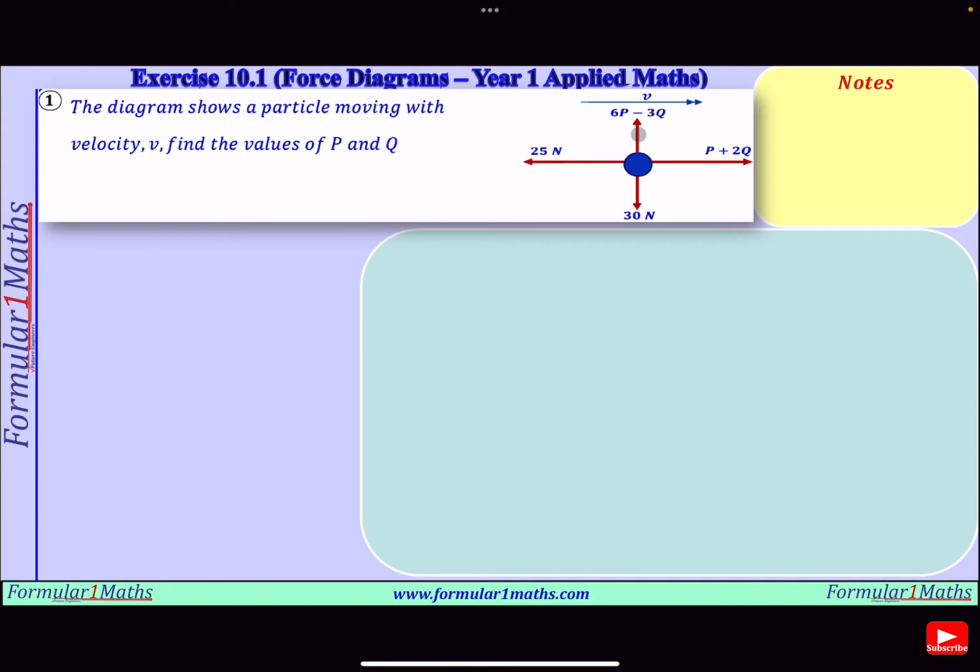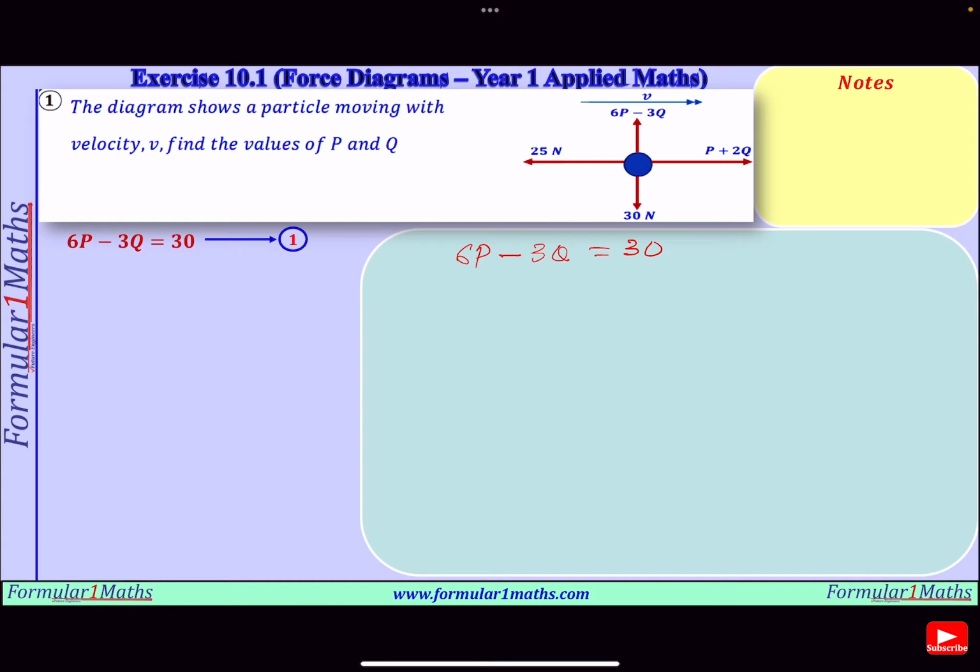So we can say that 6P minus 3Q, which is the force acting upward, will be equal to 30 newtons, which is the force acting downwards. So we can write this as one equation and label that equation 1.